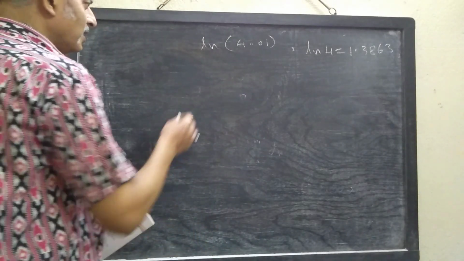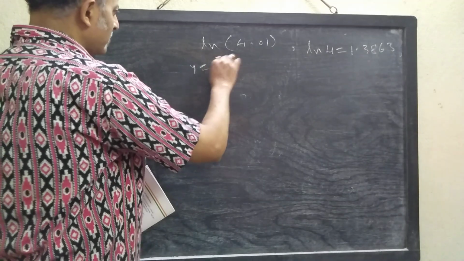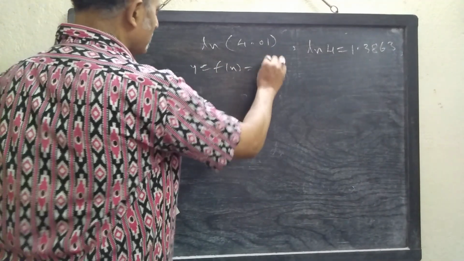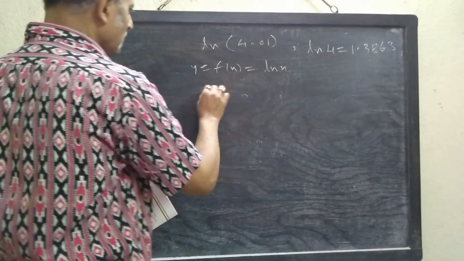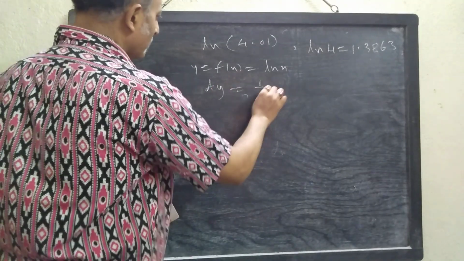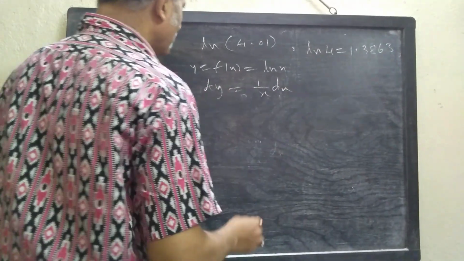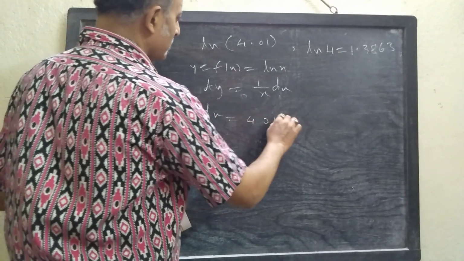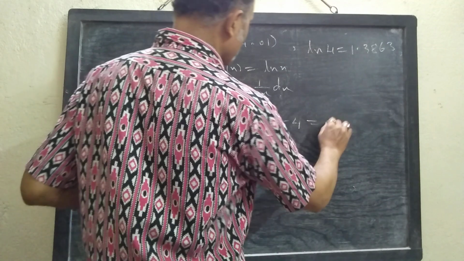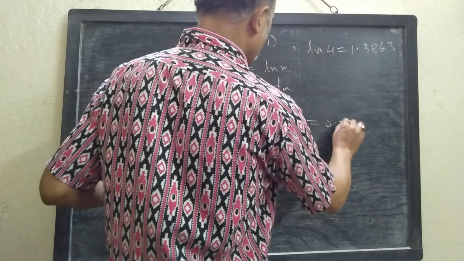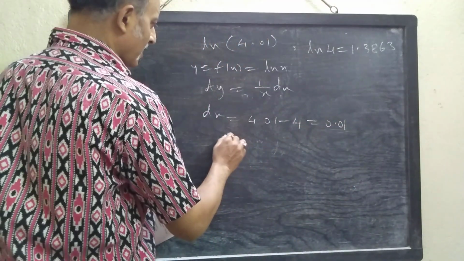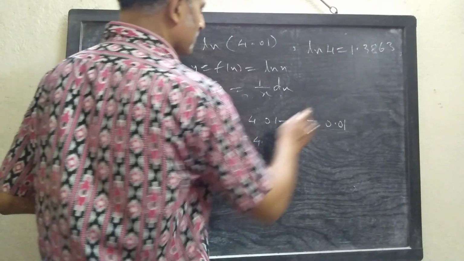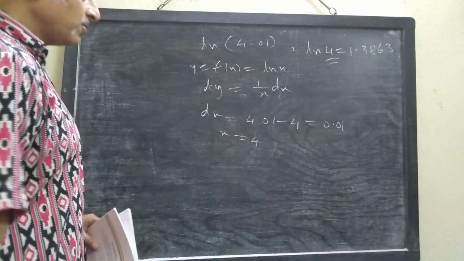So here, let us consider the function y equals f(x) equals ln x. So dy will be 1 by x dx. Now, here your dx is 4.01 minus 4 equals 0.01 and your x is 4 here because this value is given to you.